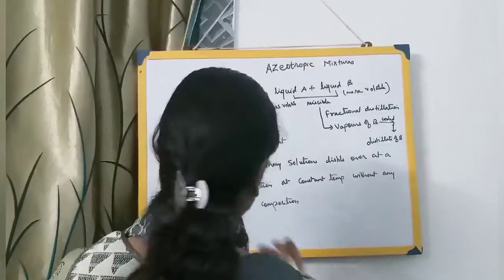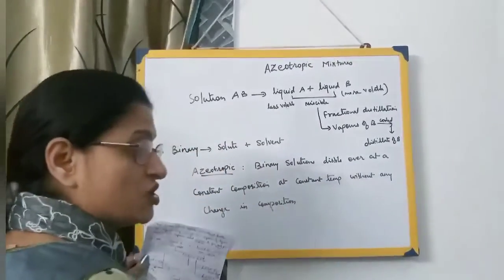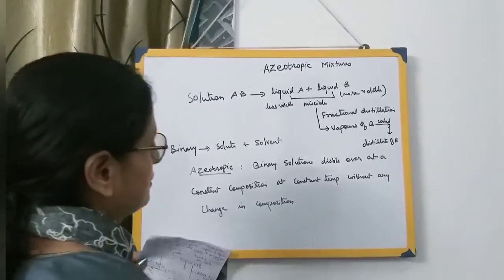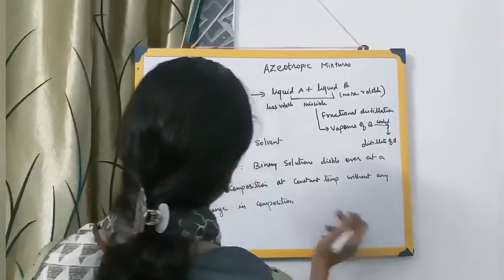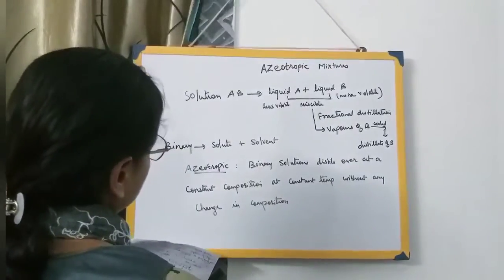Such a mixture whose composition will not change even if you keep boiling it after a particular temperature, that we call an azeotropic mixture.